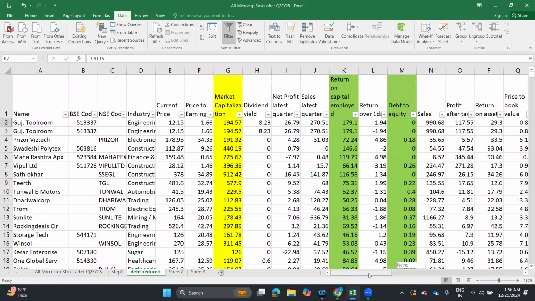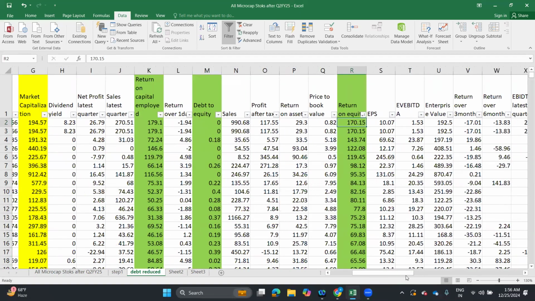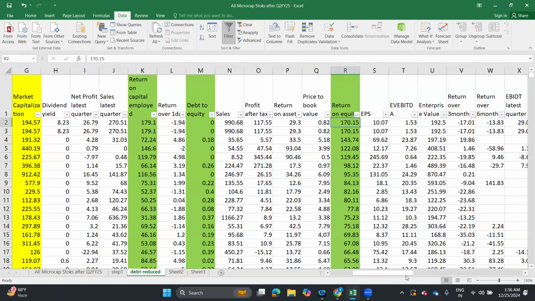How come it is possible? There must be some problem. What is the formula of return on equity? That is net profit divided by your net worth. When the ratio is abnormally high, either your numerator is very high or denominator is very low.